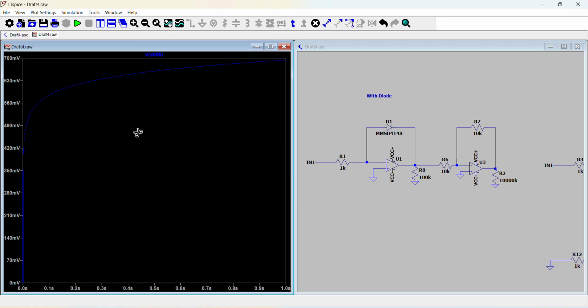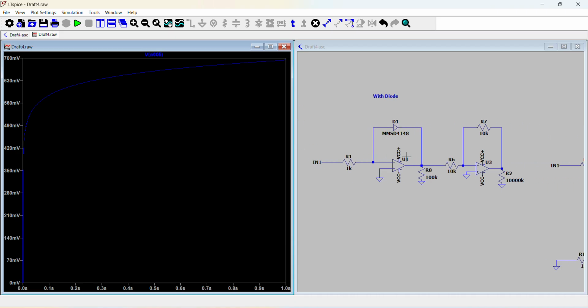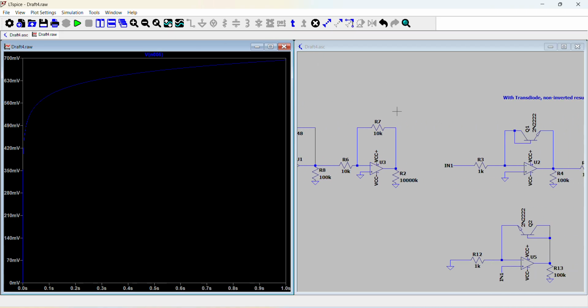So I've showed you the natural log with a diode because it's created in a negative feedback, inverting configuration, so we have to invert it again in order to produce actually log of x and not negative log of x.